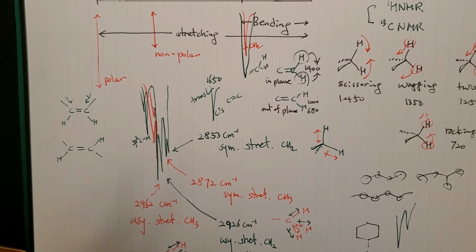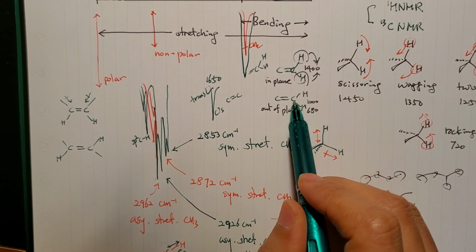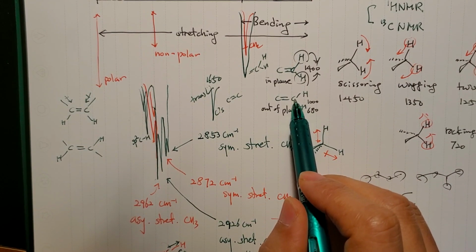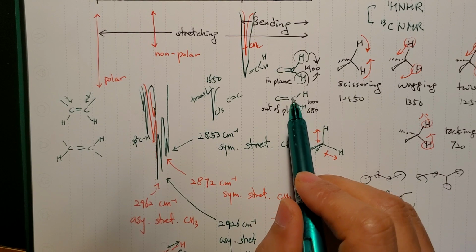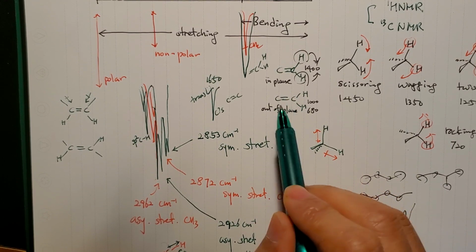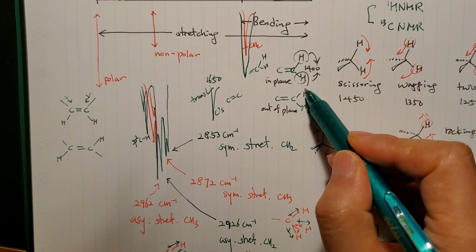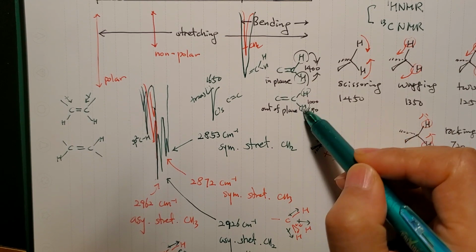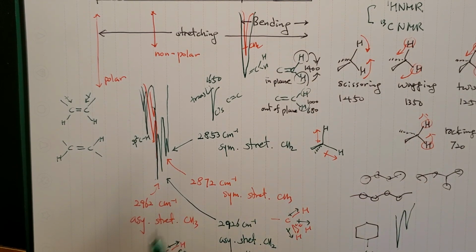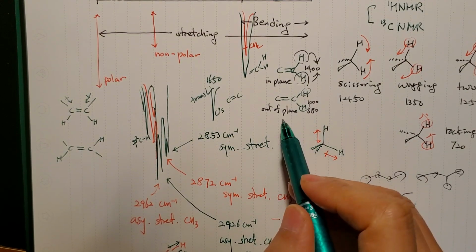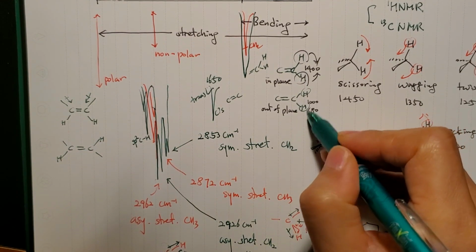Also, something like rocking or twisting or wagging, the sp2 carbon has no steric hindrance, right? You have the third hydrogen missing. So when these are moving out of the plane, there is empty space. So repulsion, you can imagine, is much less. So the K value is much smaller.